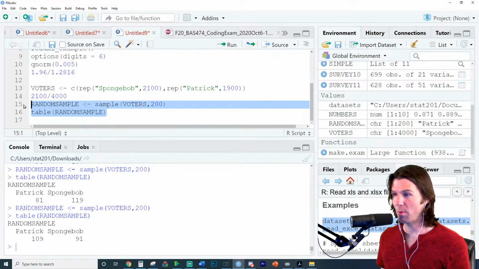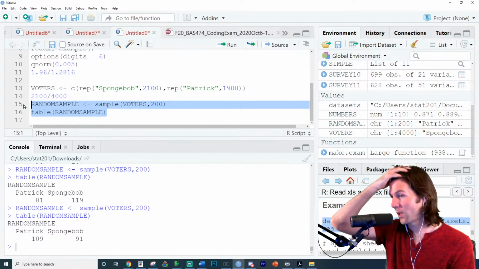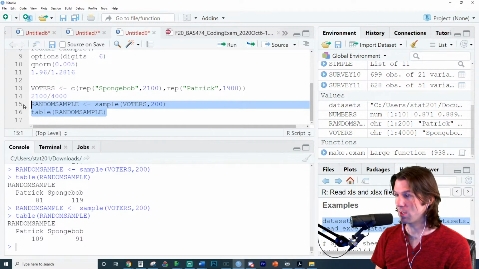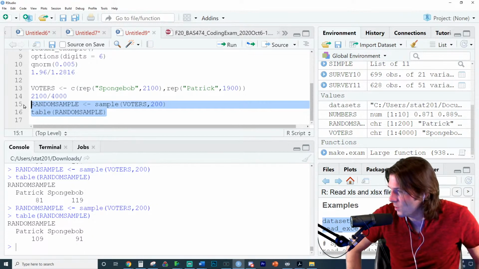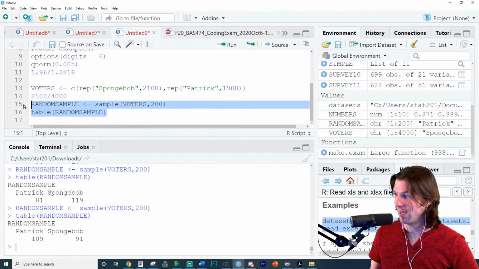Remember, we know the truth right now, but in this random sample, who would you predict? You'd say, I went out and talked to people, and 109 said they're voting for Patrick, and 91 said they're voting for SpongeBob. In this random sample, you would predict that Patrick would win the election.